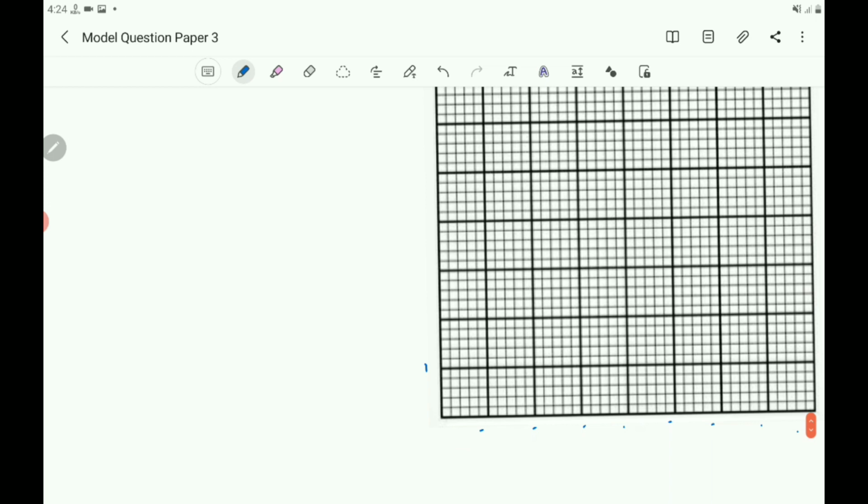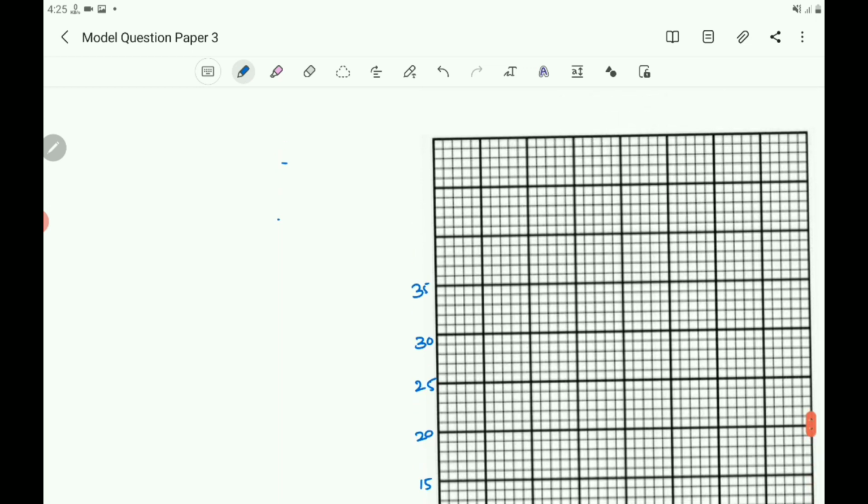Then write this is origin, and it starts from 100. Right, it is 100, 120, 140, 160, 180, 200. And here you have the 5, 10, 15, 20, 25, 30, 35, 40, 45, 50.